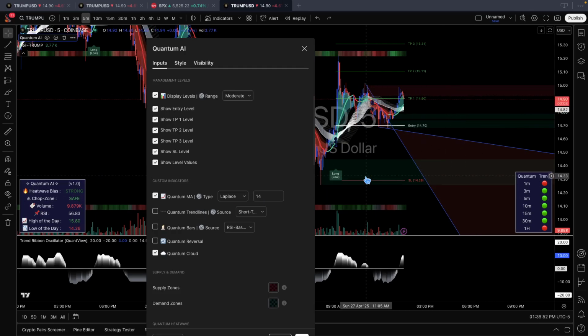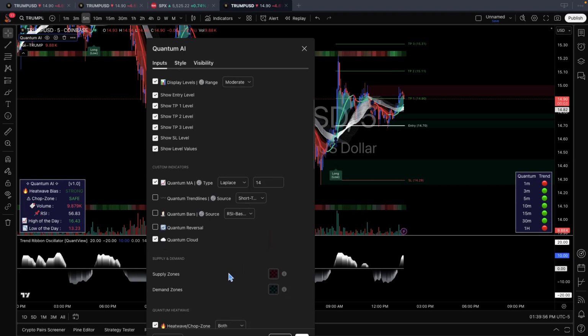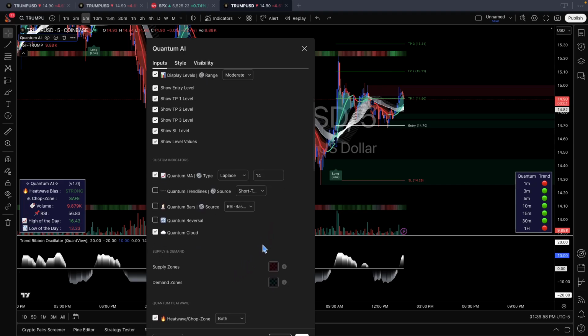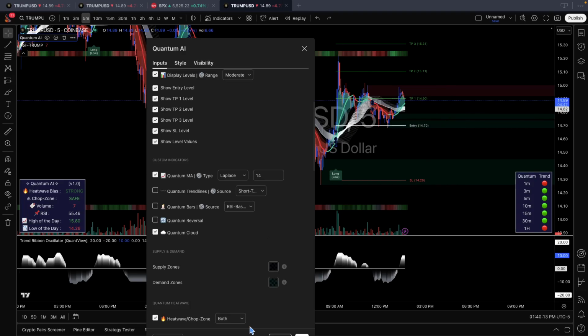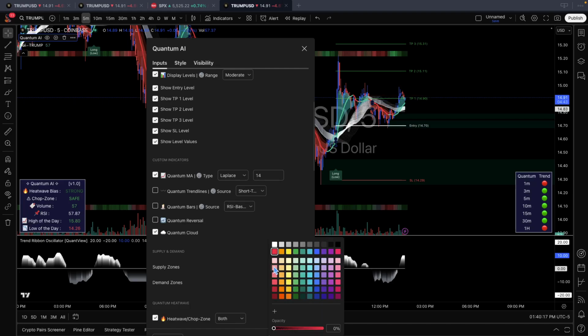These red and green shaded areas you see right here, those are supply and demand zones, basically support and resistance. Red being supply, where people tend to sell, and demand being where people tend to buy. If you don't want to see them, just turn it to 0. Okay, watch, it'll disappear. Voila. But I do like to see them.